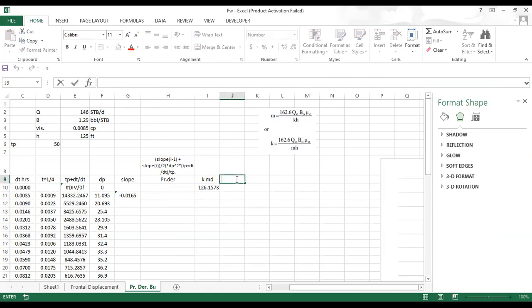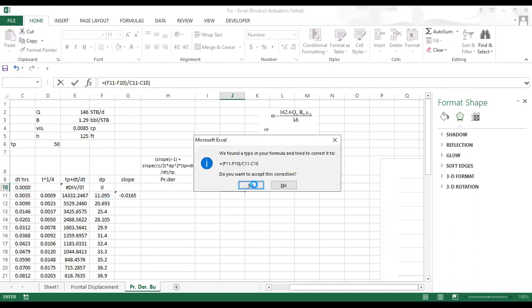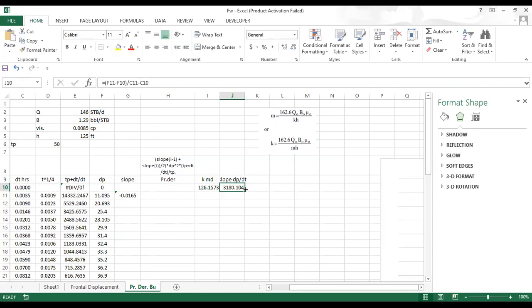So I'm going to put that value here, slope for dp by dt: change in pressure minus the previous one, by change in time.